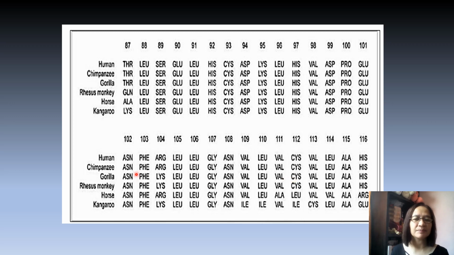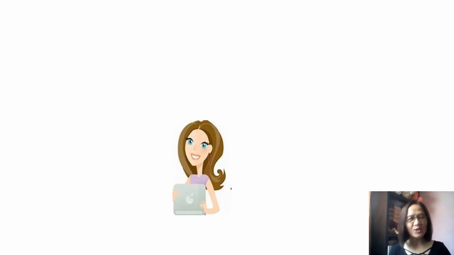Dun sa tao. Asparagine, phenylalanine, arginine, leucine, leucine, glycine, asparagine, valine, leucine, valine, cysteine, valine, leucine, alanine, histidine. Okay, that's all mga anak.